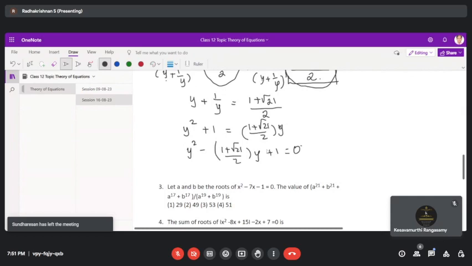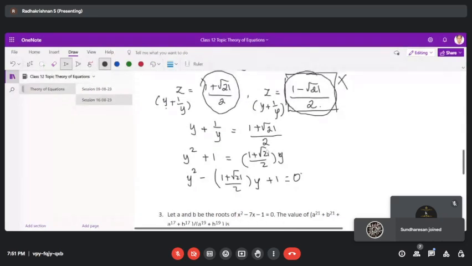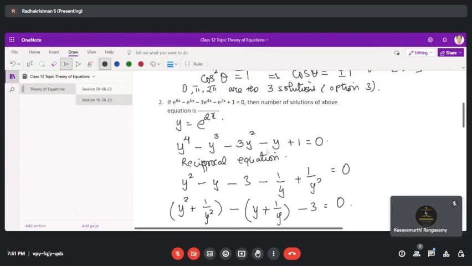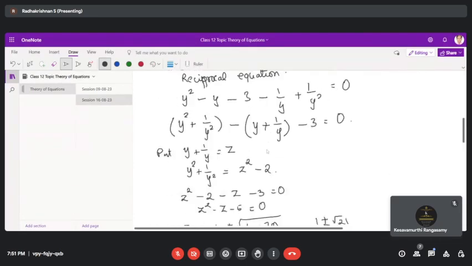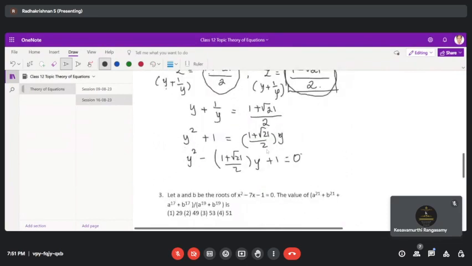So this indeed has, if you try to solve it further, two solutions. Both real solutions you will get. Therefore the given equation has two solutions. The number of solutions is only 2, because it ultimately boils down to a quadratic like this, which has only two solutions.